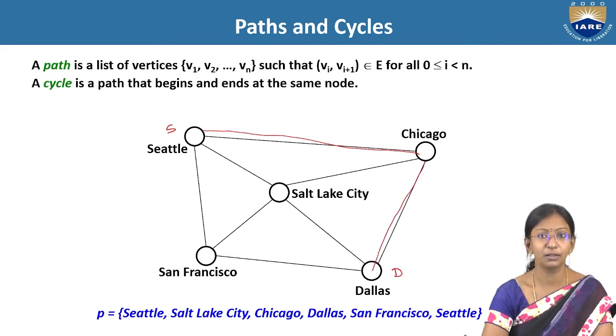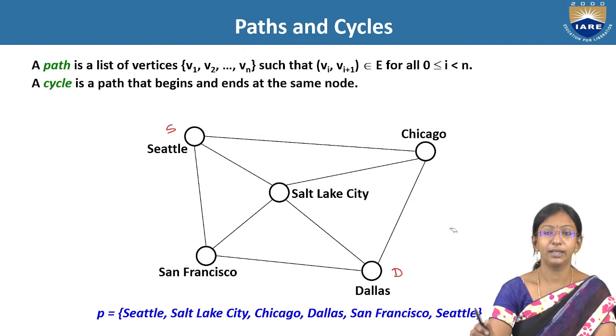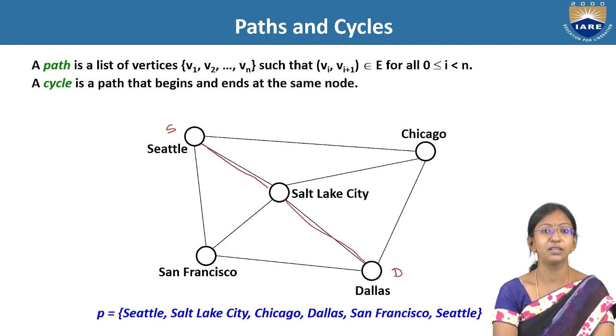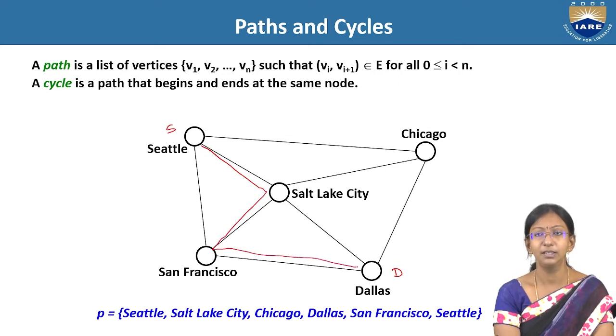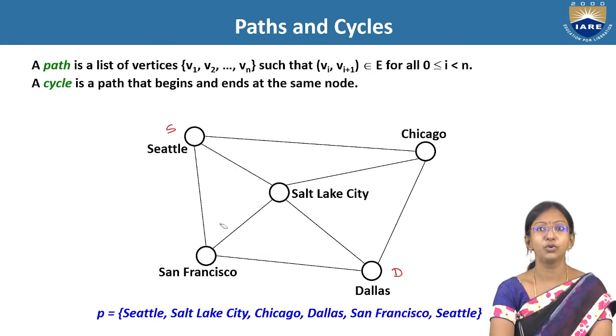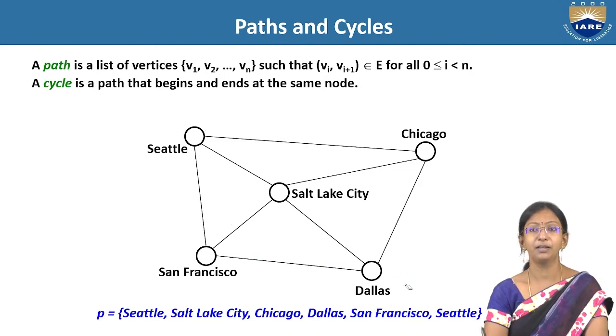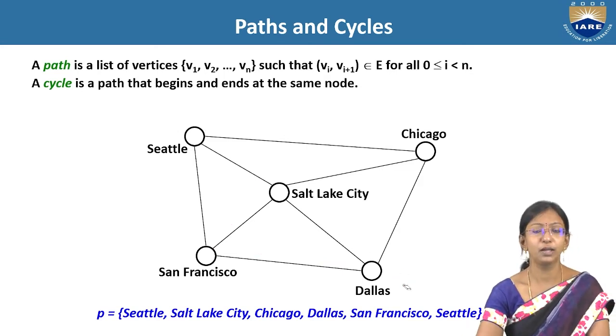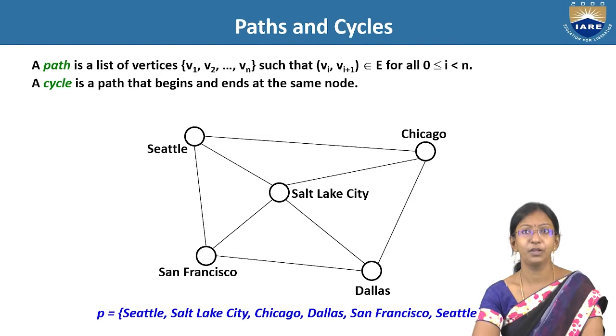This is one path. Or you can have from Seattle to Salt Lake City, from Salt Lake City to Dallas. Even this can be a path. Or from Seattle to Salt Lake, then San Francisco, then Dallas. This is another path. So you can have many paths between a source node and the destination node, right?